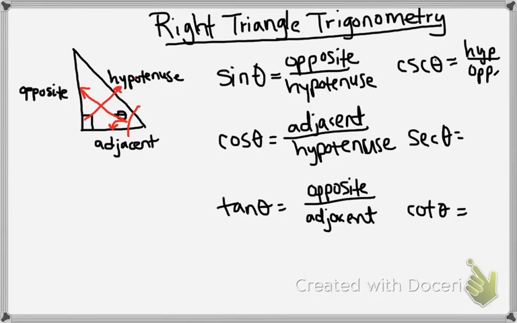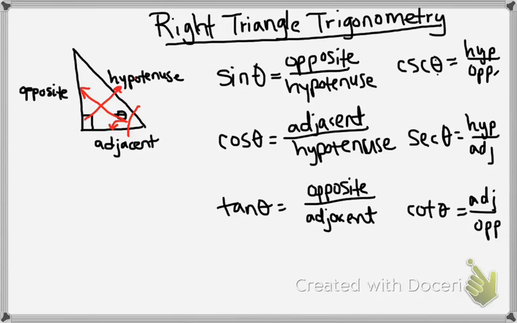Secant is the reciprocal of cosine, so it's going to become the hypotenuse over the adjacent. And the cotangent is the reciprocal of tangent, so it's going to become the adjacent over the opposite. So if you know the first 3 trig functions, then it becomes very easy for you to find the second 3, as long as you remember which ones are the reciprocal functions.